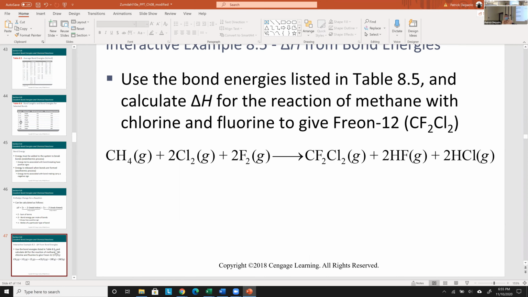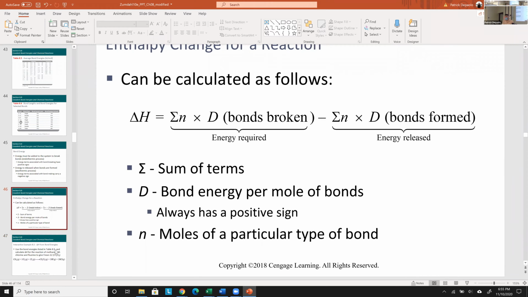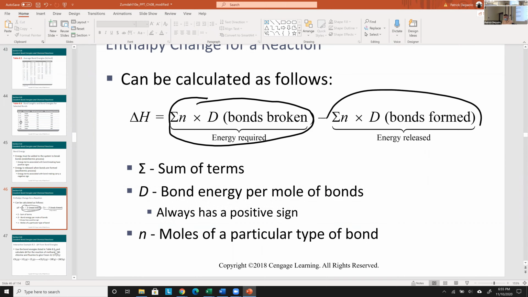And it's very simple. It's actually pretty fun. You take the bonds that are broken, meaning the energy that's required for the bonds to break, minus the bonds that are formed. Once you form bonds, energy is released.